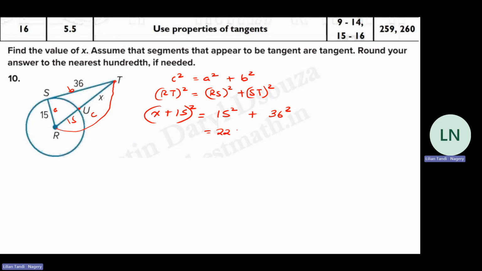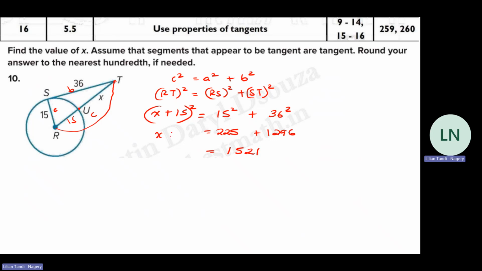This is 225, and then this is 1296. If you add these two together, you should get 225 plus 1296 to give us 1521.